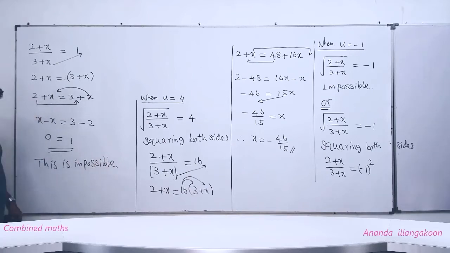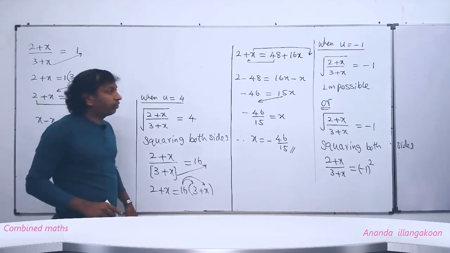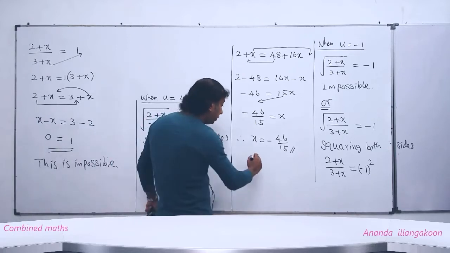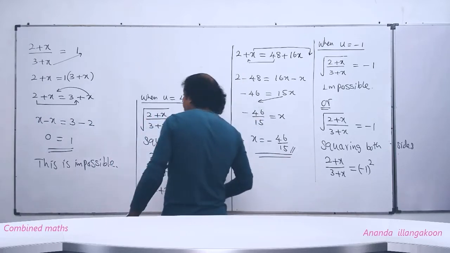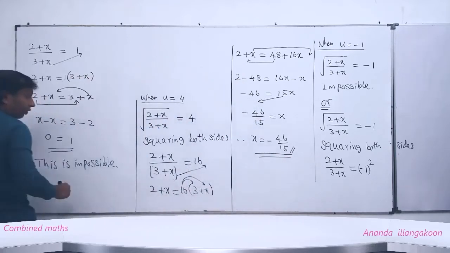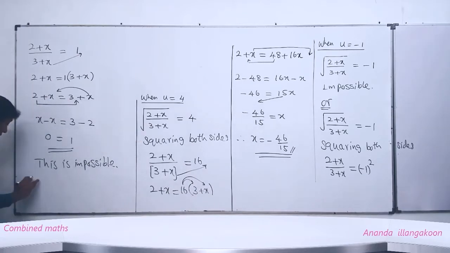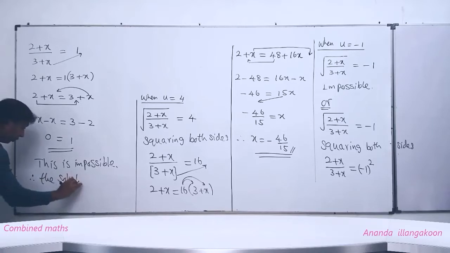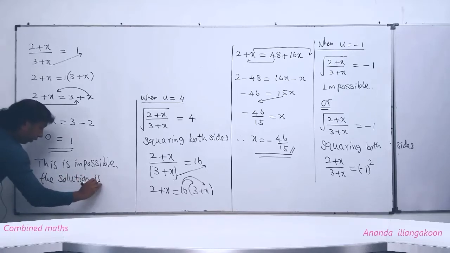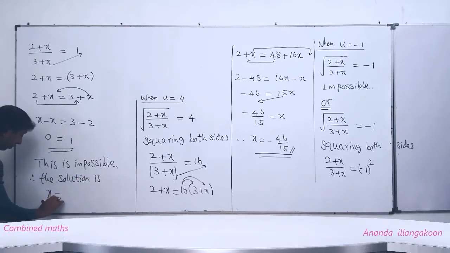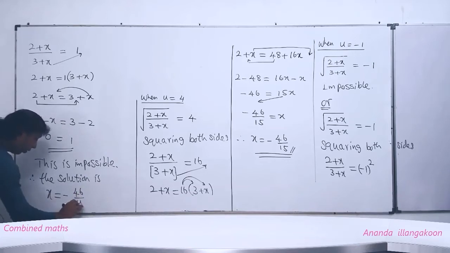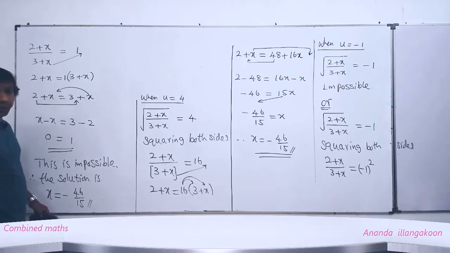So therefore, in this case, for x there is only one solution. This is that solution. Therefore, the solution of the given equation is what? That. And then you can write, therefore, the solution is x equals minus 46 by 15.